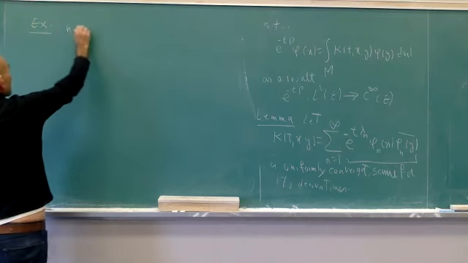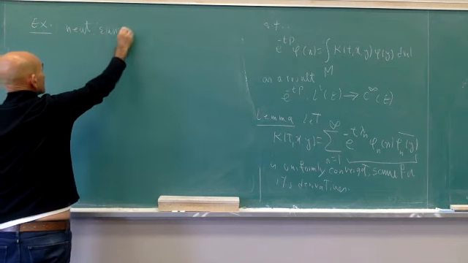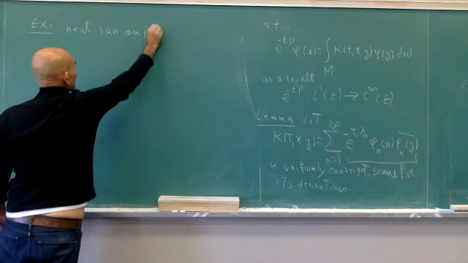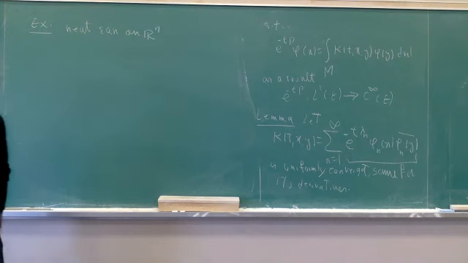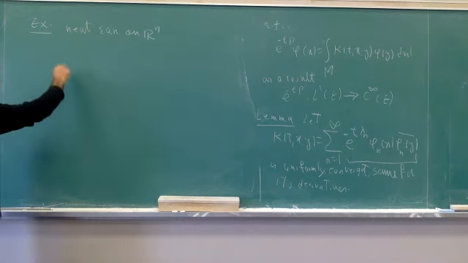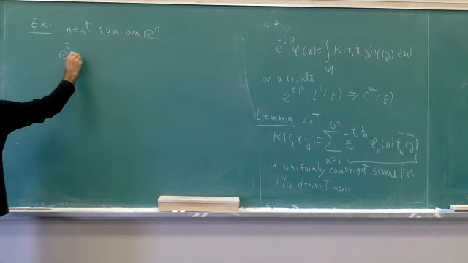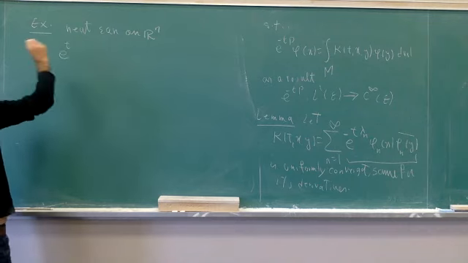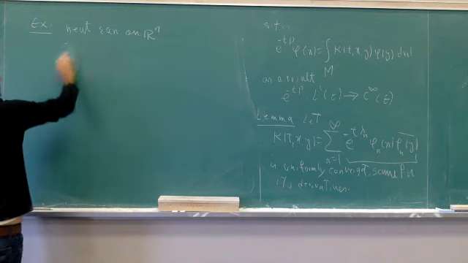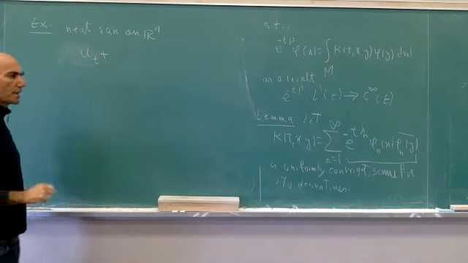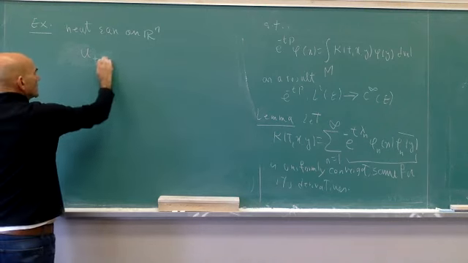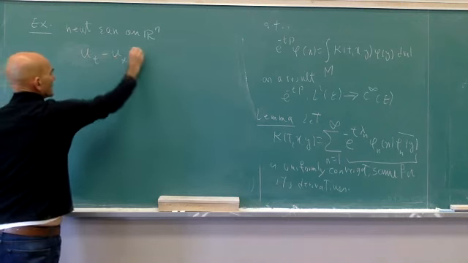So, example: this is the heat equation on R. This is the equation u_t minus u_xx equal to 0.